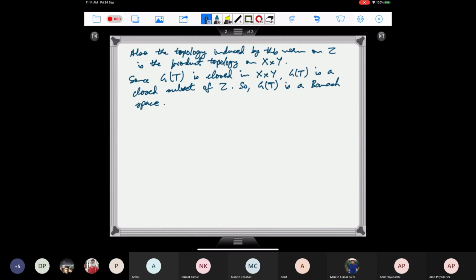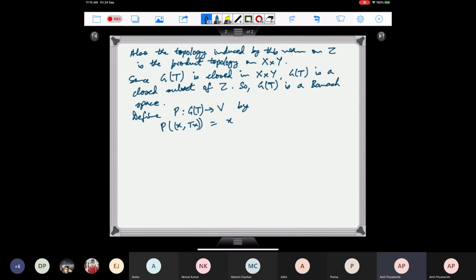Now let us define this projection map P. No, let's define it from G of T to V. For any point in G of T, which is (x, T of x), P of (x, T of x) is equal to x.